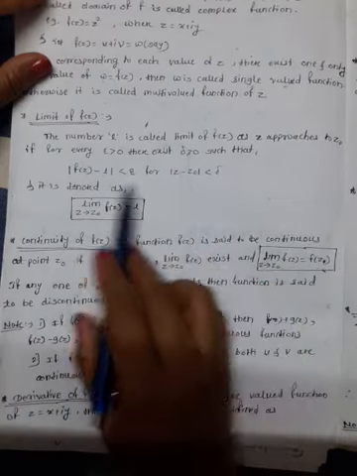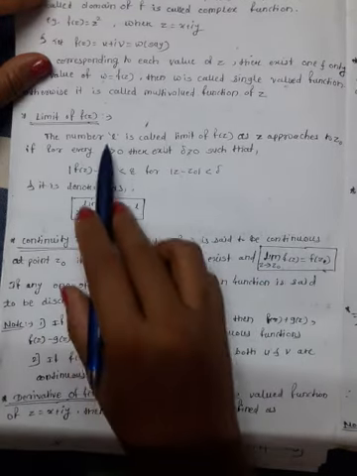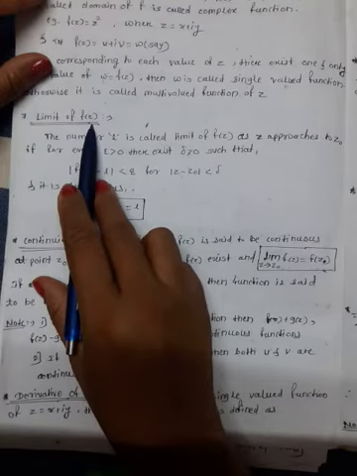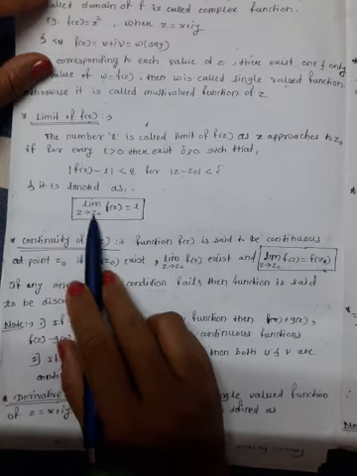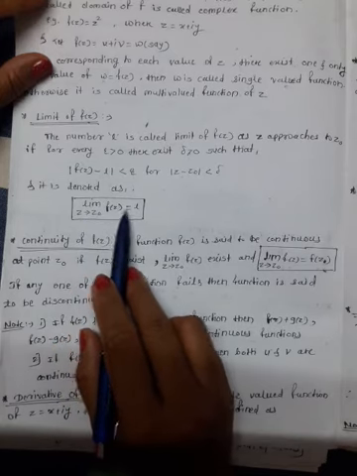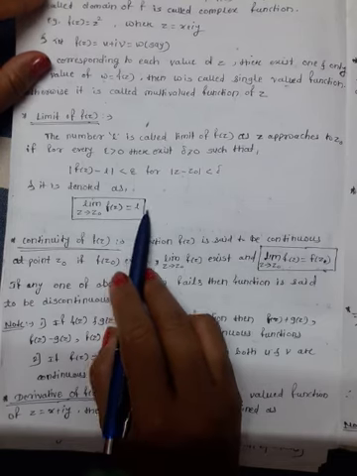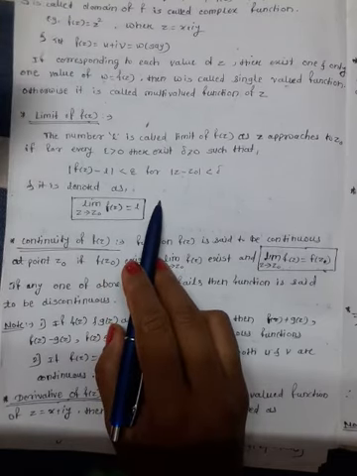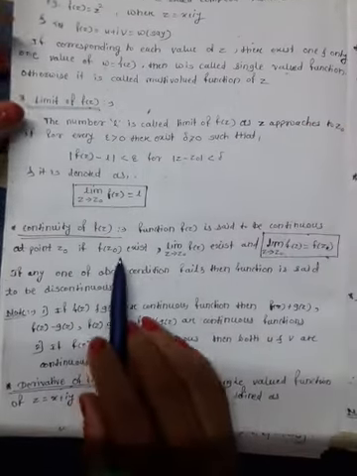If it is there, then this L is called the limit of this function f of z, and it is denoted as limit of z tends to z naught of f of z is equal to L. This is similar to the normal limit definition, the only difference is z is a complex number here.